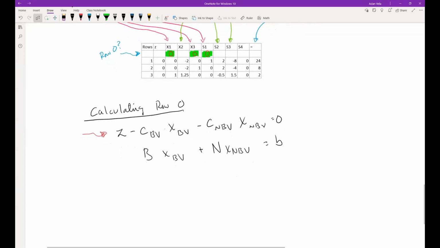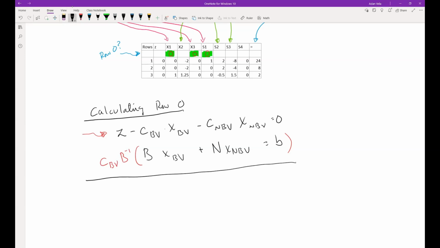Right? And so the way that we can go about doing that is, we're going to take our constraints equation and we're going to multiply it times B inverse. Right? We're then going to multiply it times CBV. And we're going to add these 2 equations together. And in the process of doing that, we're actually going to cancel out this CBV times XBV.